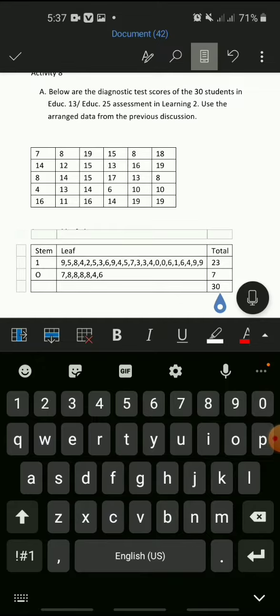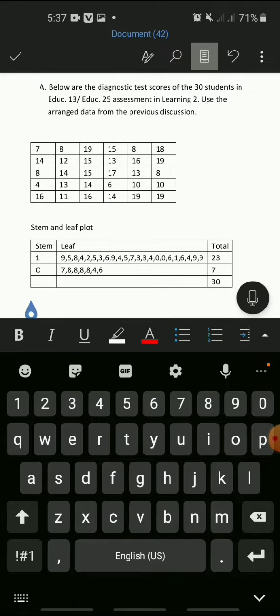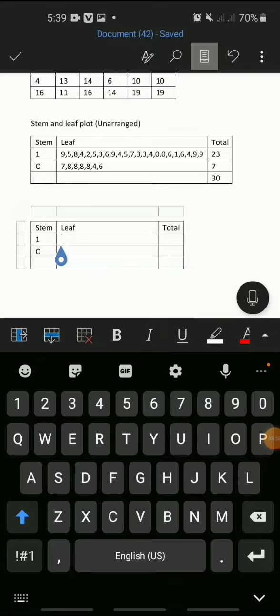So this is the stem and leaf plot, still unarranged. Now we'll make the arranged stem and leaf plot. We're going to arrange the leaves from highest to lowest.